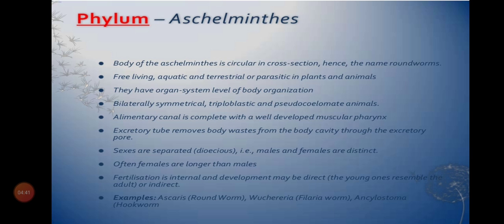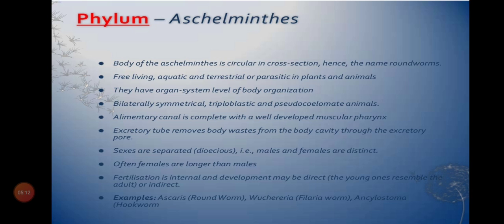Porifera alone is asymmetrical. Coelenterata and Ctenophora are radially symmetrical, but from Platyhelminthes onwards the remaining groups are bilaterally symmetrical. Don't ever forget CCE: only CCE are radially symmetrical, Porifera is asymmetrical, and the remaining groups are bilaterally symmetrical.